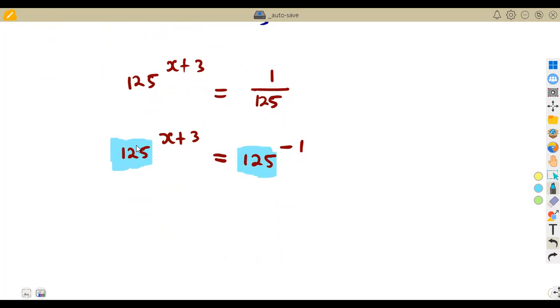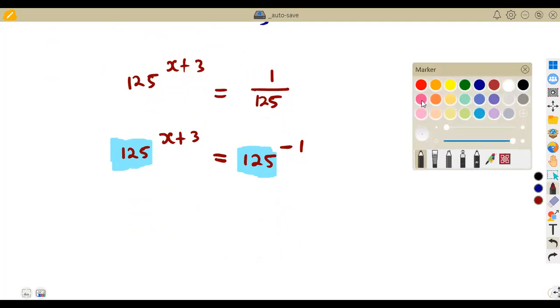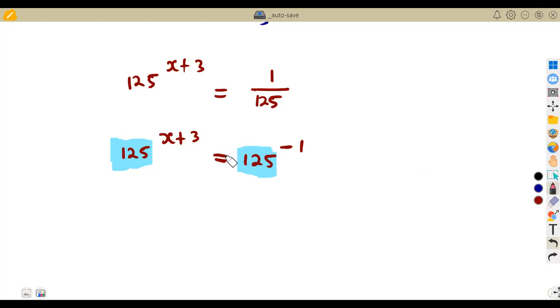Whether it is in the simplest form or not, whether they are fractions, whether they are decimals, as long as this situation occurs, I take advantage of it, because where the bases are the same, it is automatic that the exponents will be equal.